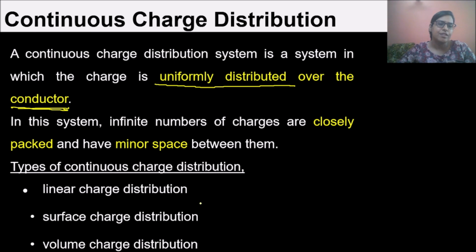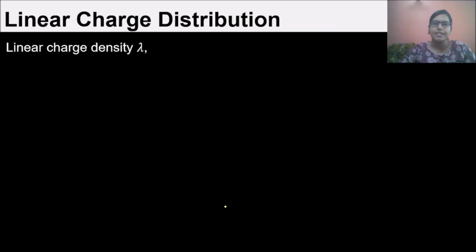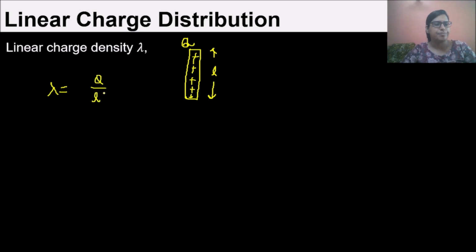And this can be of three types: linear charge distribution, surface charge distribution, and volume charge distribution. So linear charge density is defined by lambda, and suppose there is a rod which has length L and total charge which is uniformly distributed on this rod, that is Q, then linear charge density will be Q by L. Right?